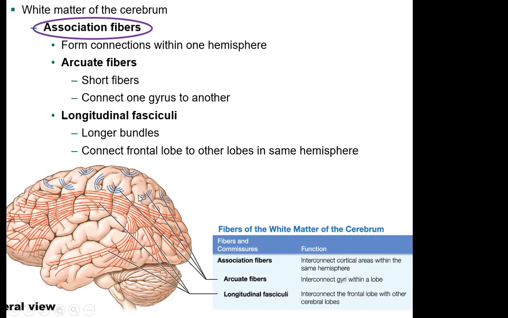It's because it's just from one little hill to another little hill. Whereas the longitudinal fibers, you can see the red fibers are much longer and they are going to run to the frontal lobe as well as other lobes to connect everything from the anterior to the posterior aspect of the brain. Okay, so those are your association fibers.